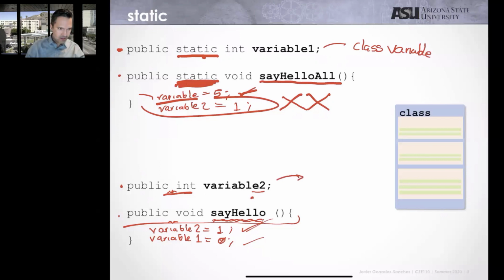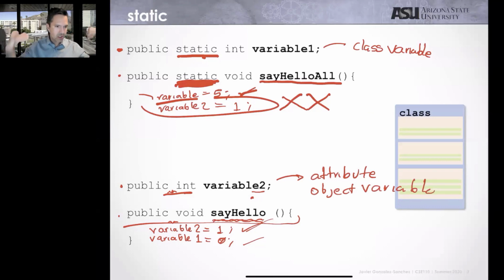This one, the fancy name, is an attribute or an object variable or a non-static variable. Depending on the book, depending on your source, those are the names that are used. Static variable, class variable, non-static variable, object variable, or attribute. Just remember that, so if you read any of these, you will know that is a fancy name for something that you already know. Good.